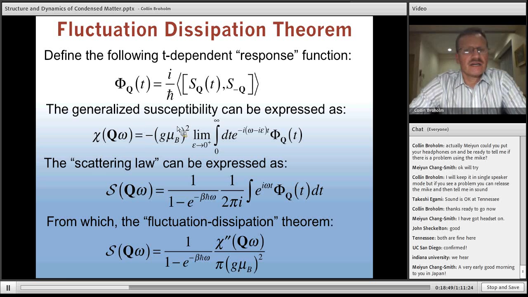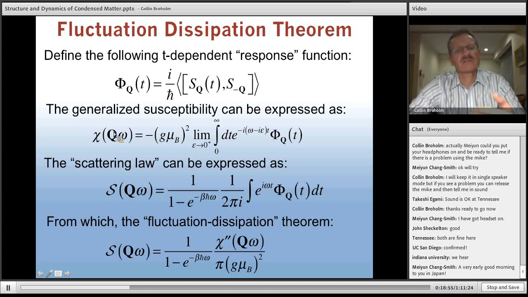And it's generalized here to deal not only with the response to a uniform magnetic field, but to be able to deal with the response to a wave vector dependent magnetic field and to a time-varying magnetic field, a magnetic field which has an angular frequency omega associated with it. And so this is quite a complicated beast, and there are not many experimental tools that we have available to actually measure this function beyond neutron scattering.